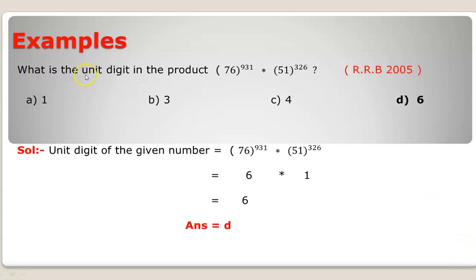Next, what is the unit digit in the product 76 to the power 931 into 51 to the power 26? Again four options are given here. A option is 1, B is 3, C is 4, and D is 6. Now this type of example can be solved by using a simple mathematical trick.